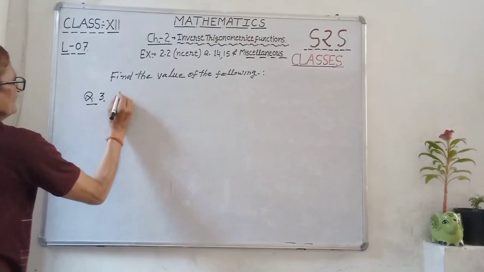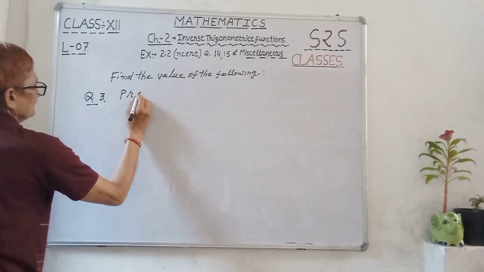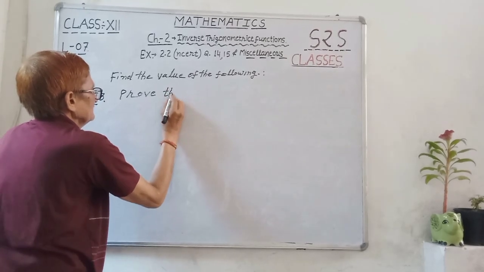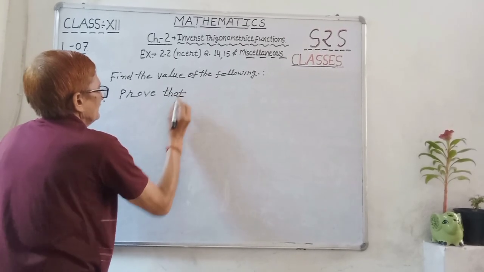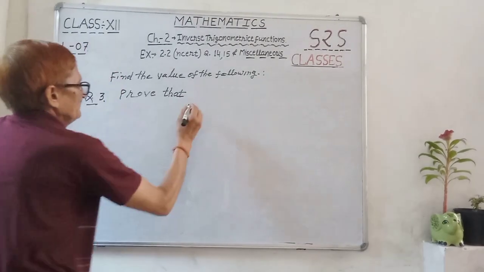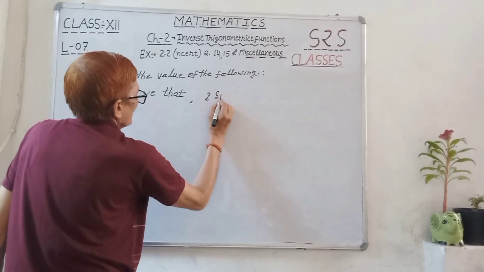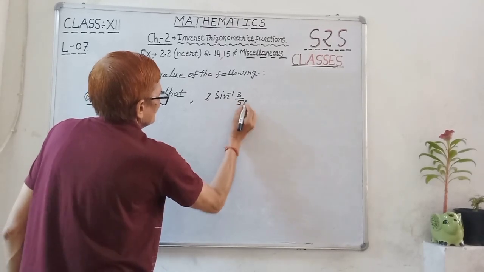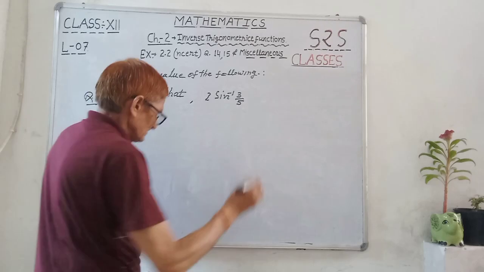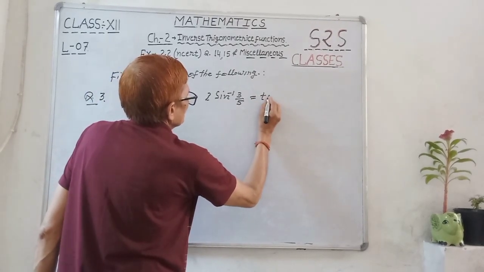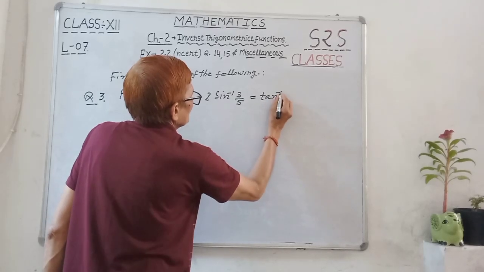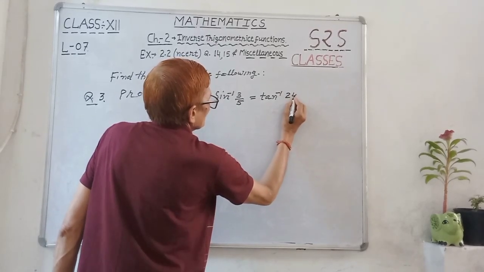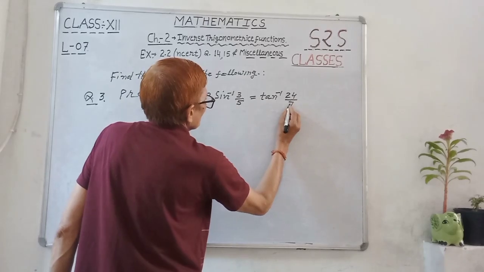Prove that 2 sin inverse 3 upon 5 is equal to tan inverse 24 upon 7. Understand?